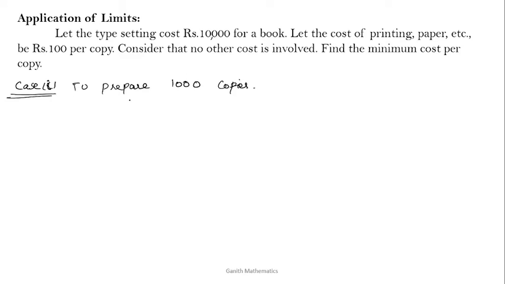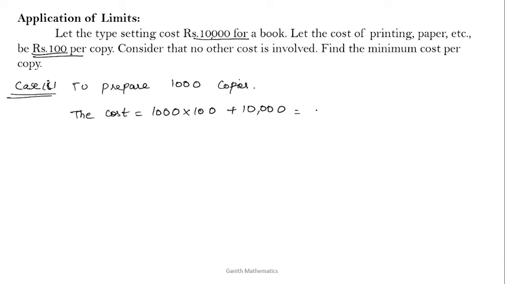That's what we are going to find. So the cost, we fix that rupees 100 per copy is constant. So we are getting 1000 copies at 100 per copy, and 10,000 typesetting cost is for a book. We are purchasing the same book, so it will be 10,000.